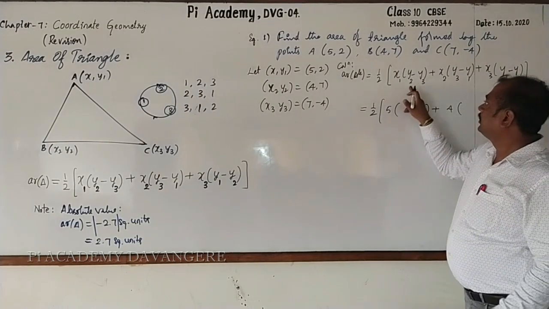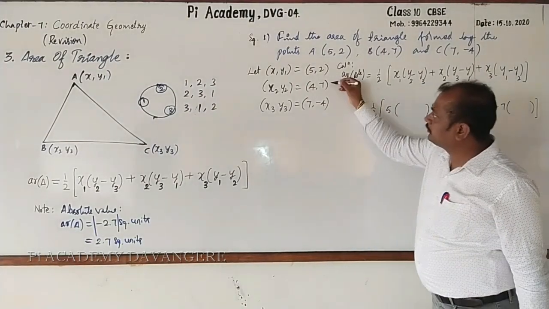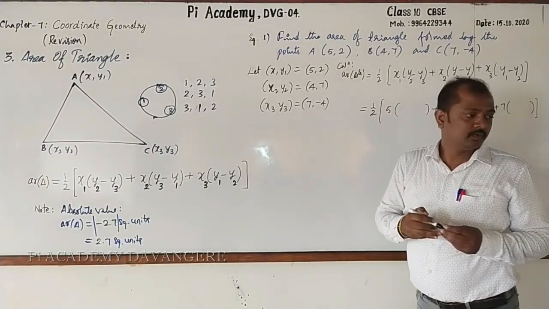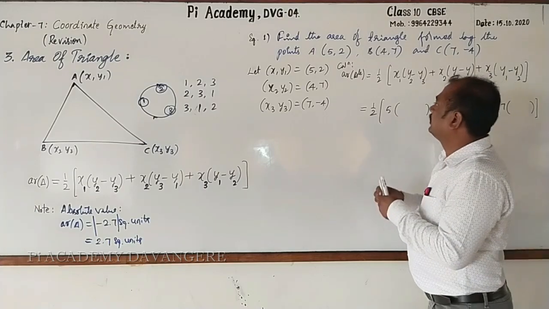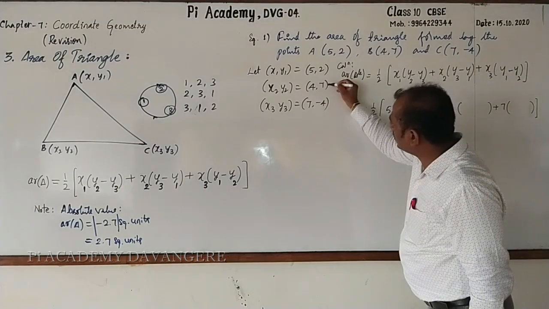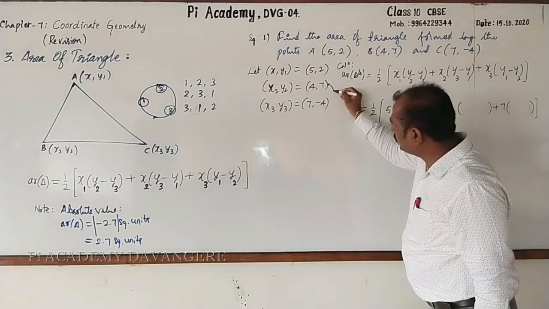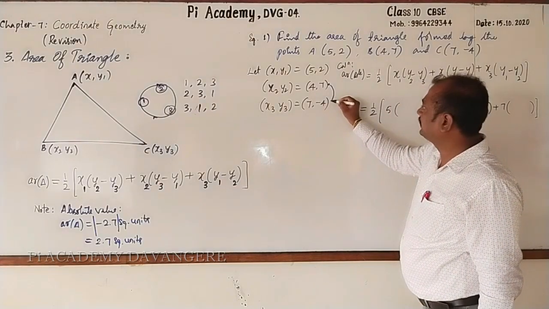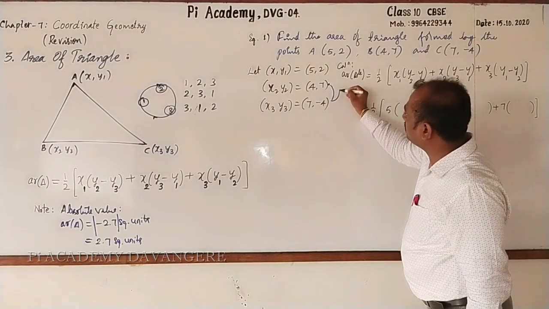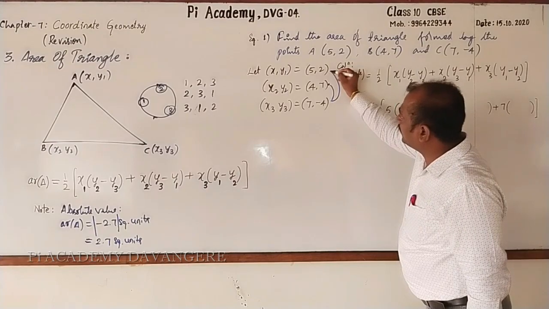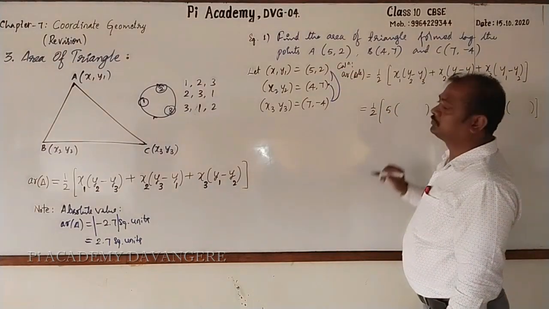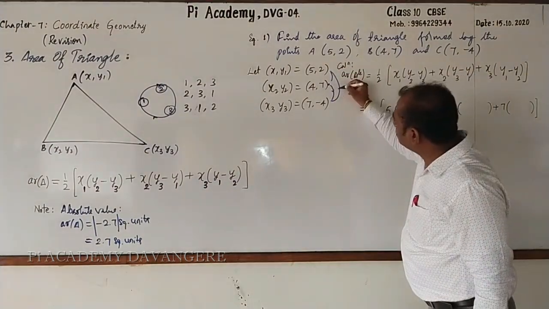Next, y2 minus y3. Observe, follow this method. Look here. First, you will start from here: y2 minus y3, then y3 minus y1, y1 minus y2. Follow this order.